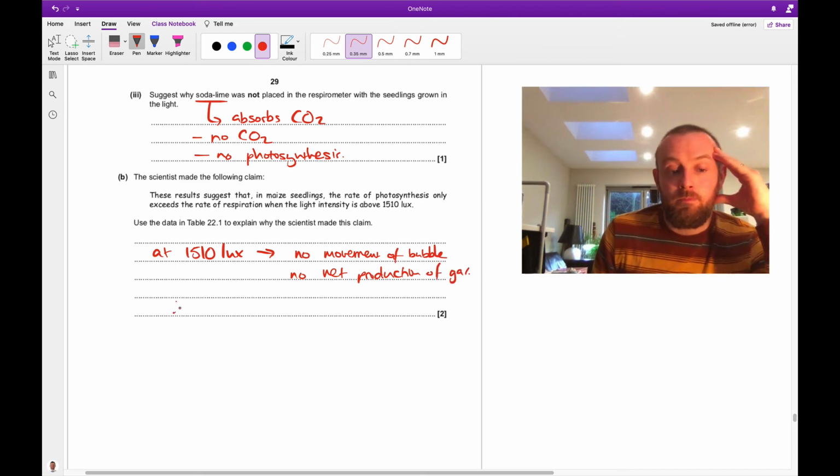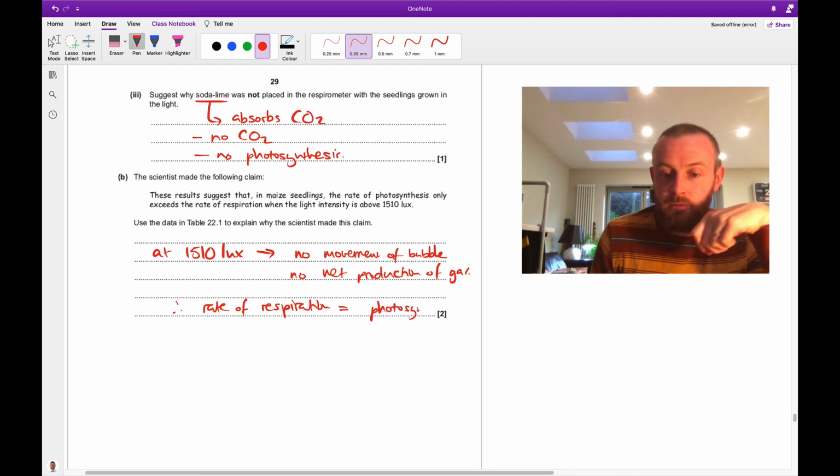So therefore, the rate of respiration equals the rate of photosynthesis.